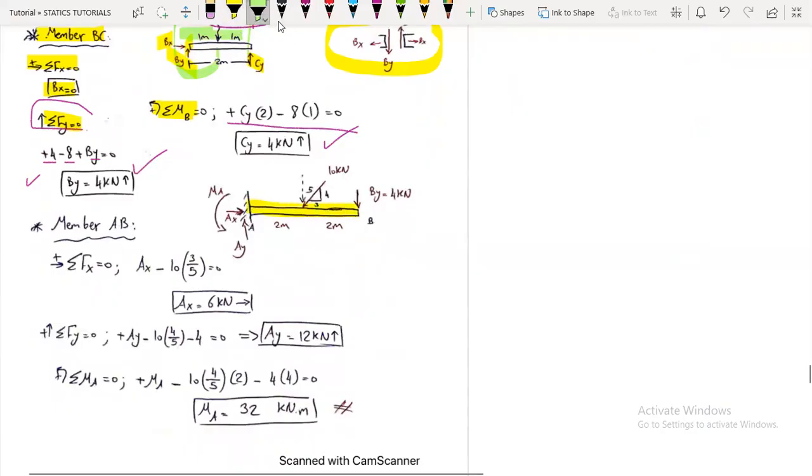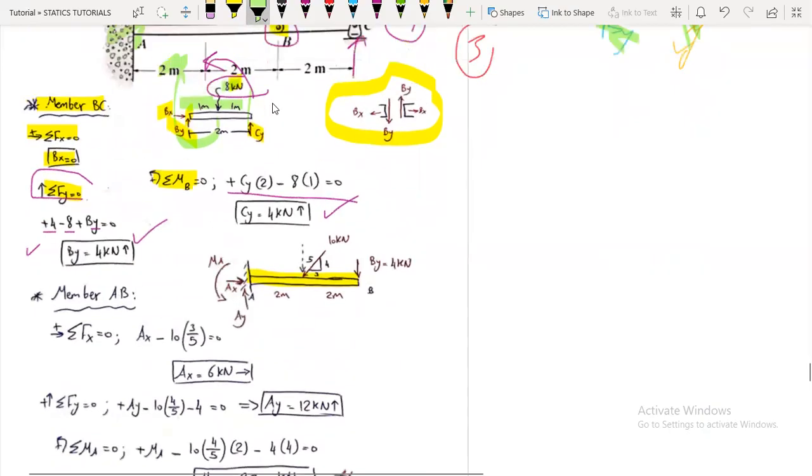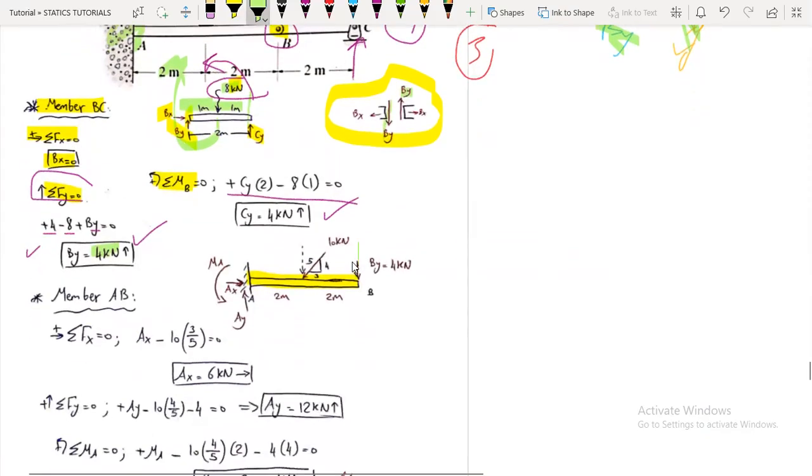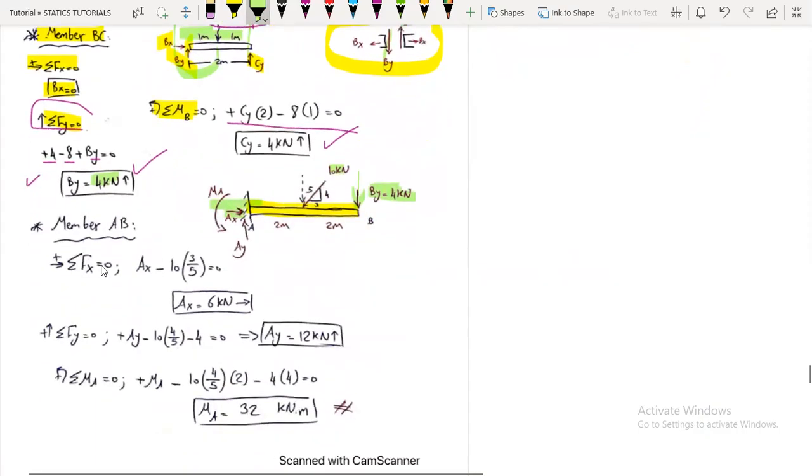Okay, so now we can move on to member AB. Here we will reverse the directions. So By was 4 kilonewtons acting upwards. It will be acting downwards. Don't forget to reverse the directions. We have 10 kilonewtons and we have the triangle and the unknowns. So taking the summation of forces in the x direction, so plus Ax minus 10 times 3 over 5, okay, minus 10 equals to 0, we'll get Ax to be 6 kilonewtons.